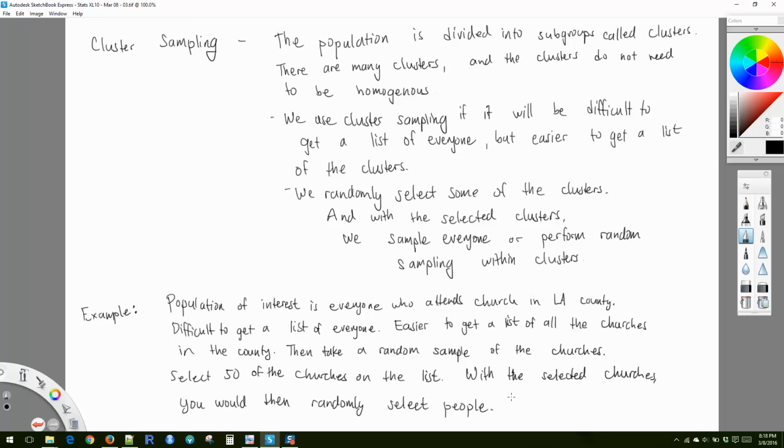Is that okay? All right, perhaps we'll try a few examples. Name which sampling method is used.